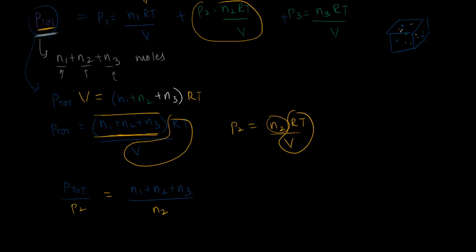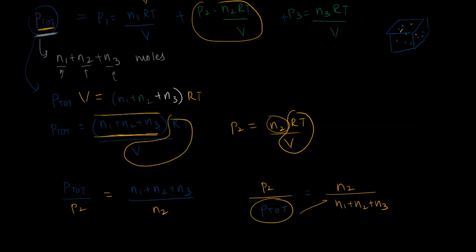You can invert this expression, just take the reciprocal on both sides, and you arrive at P2 over P total equal to N2 over N1 plus N2 plus N3.